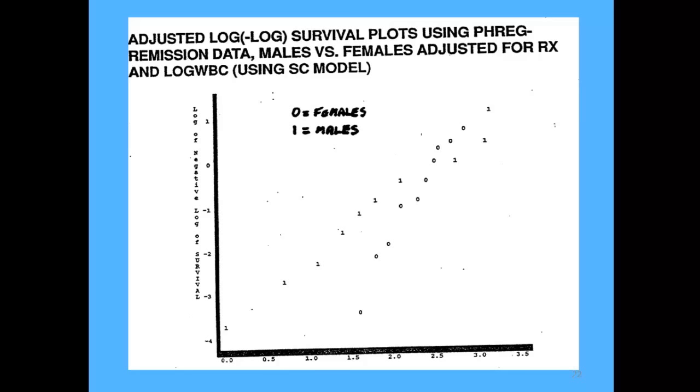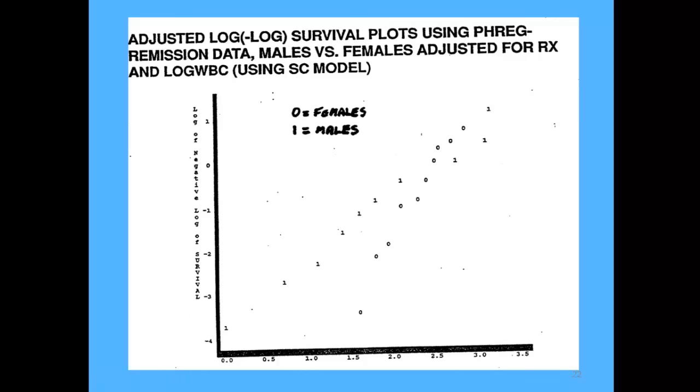So what's being graphed here? What's being graphed are adjusted survival curves, where the variables treatment and log white blood cell count are being put in the model, but the variable sex has not been put in the model.